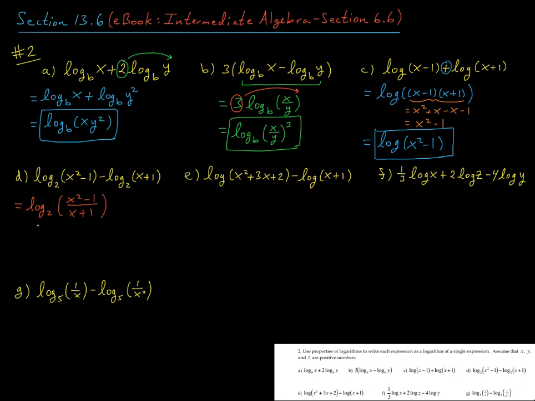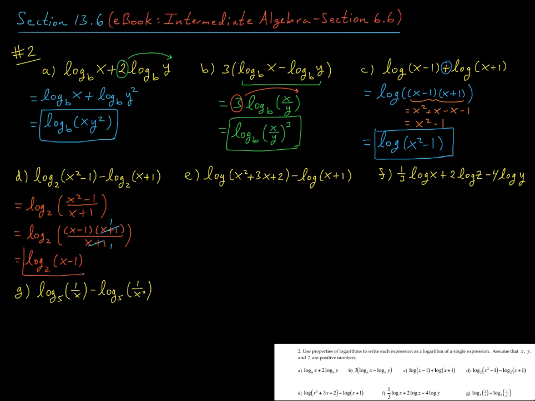Okay, now notice this expression inside the logarithm can be simplified because I can factor that numerator x squared minus 1. That's a difference of squares. So it can factor as x minus 1 times x plus 1. And then we're dividing by x plus 1, and see now this factor of x plus 1 will divide out. And so when all is said and done, we're left with log base 2 of x minus 1.